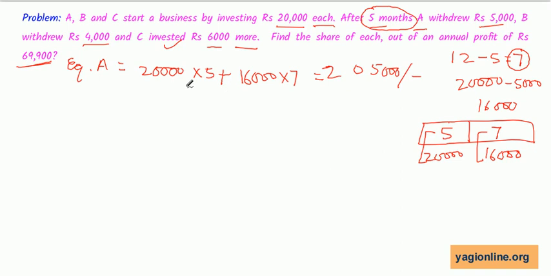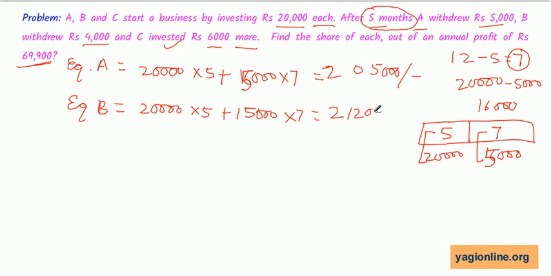Similarly, we can find out the equivalent investment of B. B did exactly what A did, so for him also the equivalent investment will be 20,000 into 5 plus, sorry, it is 5,000, so it will be 15,000, not 16,000. So he also did exactly what A did, so it will be 15,000 into 7, and this will come out to be 2 lakhs and 12,000 rupees.